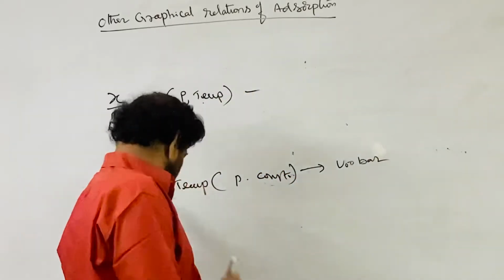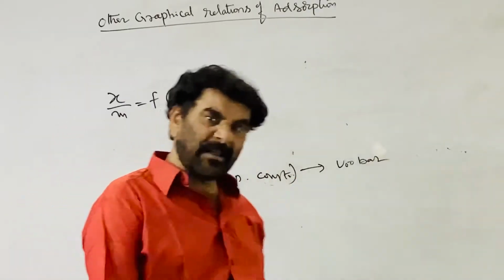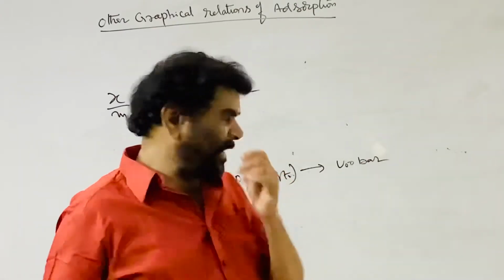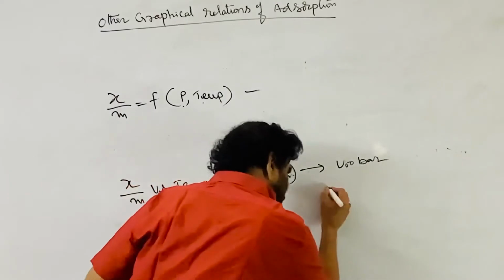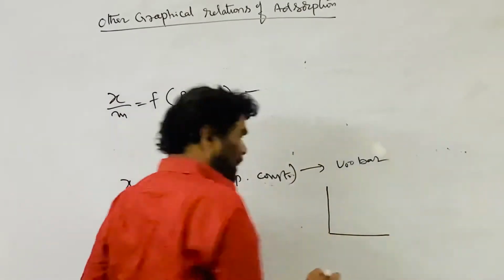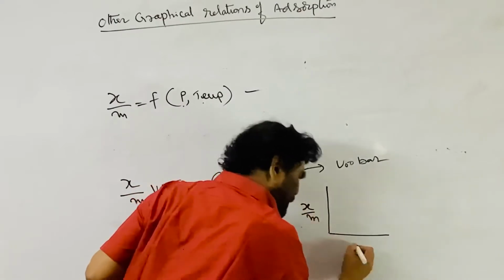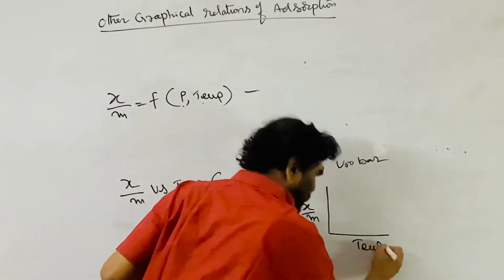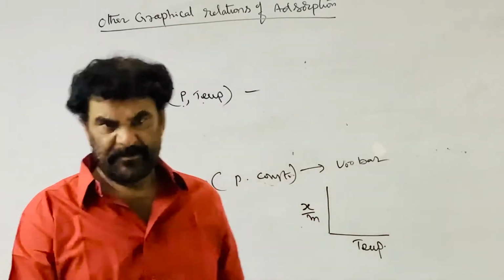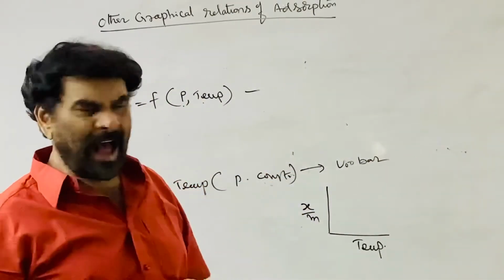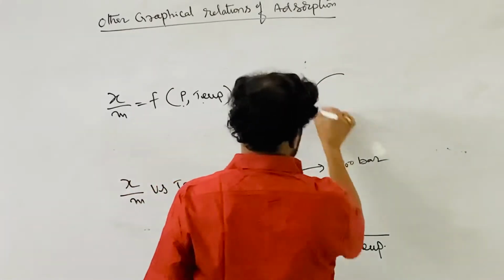As the temperature increases, extent of adsorption decreases. This is the isobaric relation. On the Y-axis is x by m, and this is the temperature. Pressure is constant.